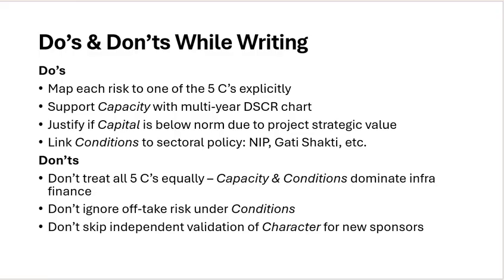If capital is below the norms due to project strategic value, you should justify it and write clear documentation so the reader can understand why the capital is below the norm. Link the condition to sectoral policy and Gati Shakti, NIP, the National Infrastructure Pipeline, which you need to check and verify. Then, don't treat all five C's equally.